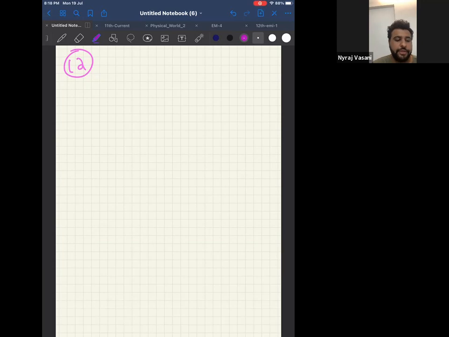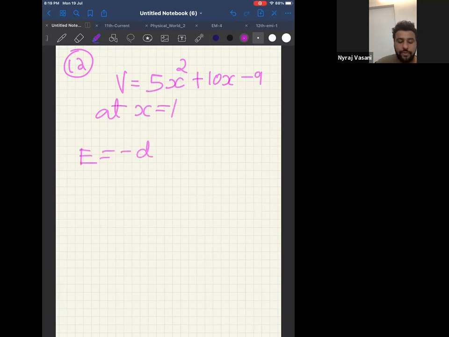The electric potential V is given as a function of distance x, as 5x square plus 10x minus 9 volt. What is the value of electric field at x equal to 1? I know the formula E is equal to minus dV by dx. Remember last class we did many problems based on this.